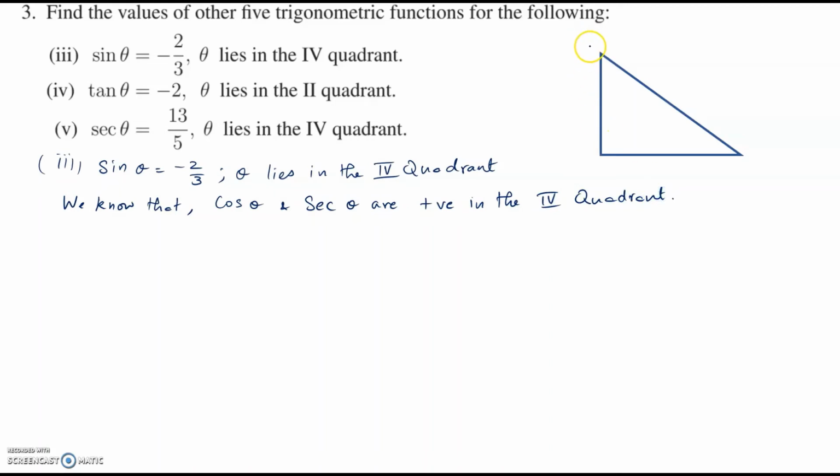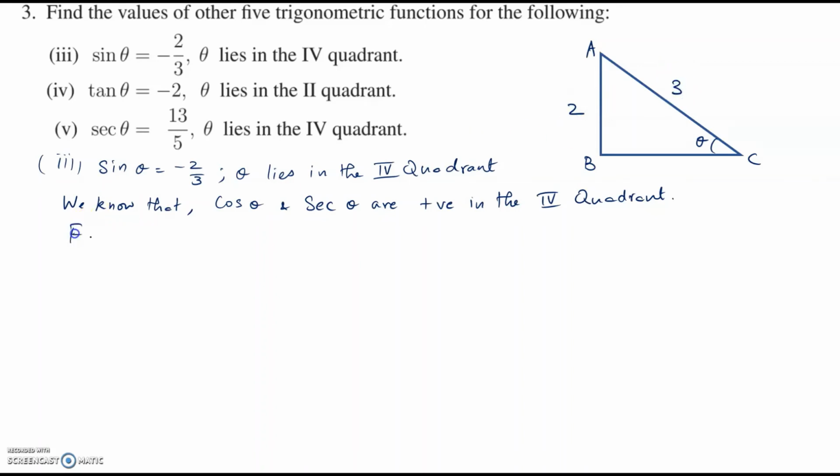Okay, so let's define this as triangle ABC, which is a right angle triangle with angle theta, and we're given sine theta is equal to -2/3, which is opposite side will be AB, 2, hypotenuse will be 3.